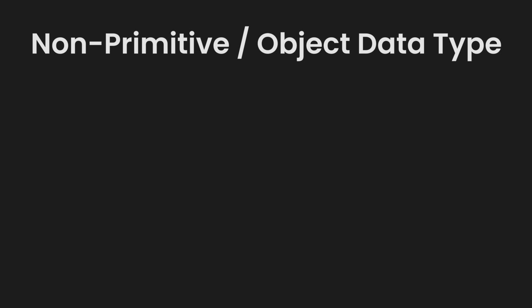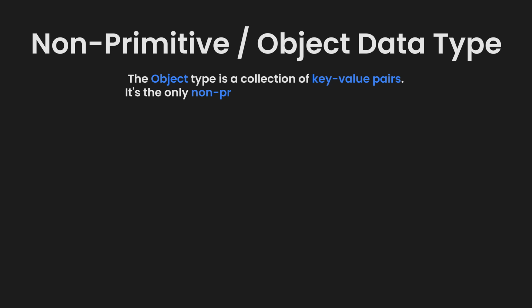Having explored all 7 primitive types, let's now turn our attention to the second main category, the object type. Unlike primitives, which store single values, an object is a complex, non-primitive data type. It stores collections of data and more complex entities, essentially acting as a container for properties, each consisting of a key and a value.